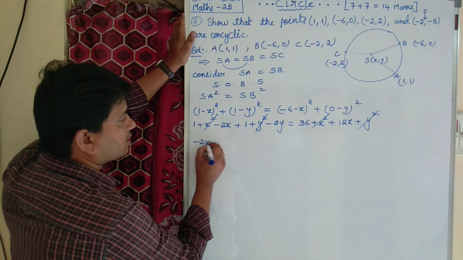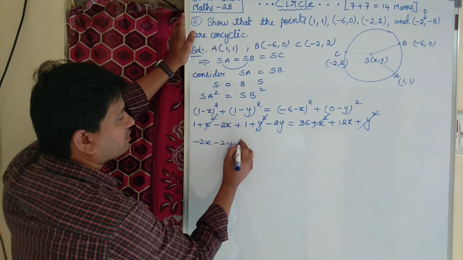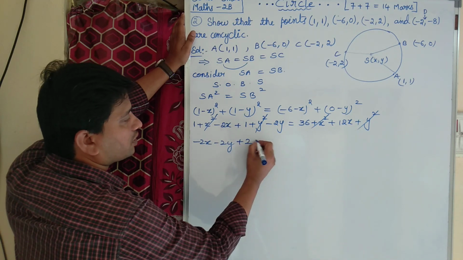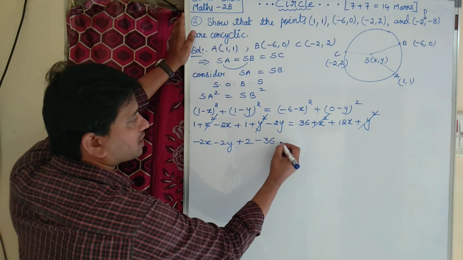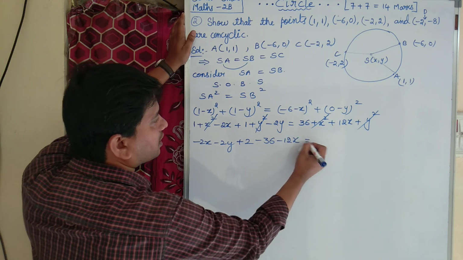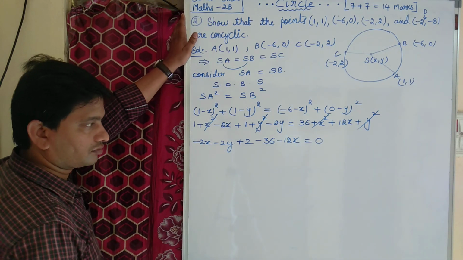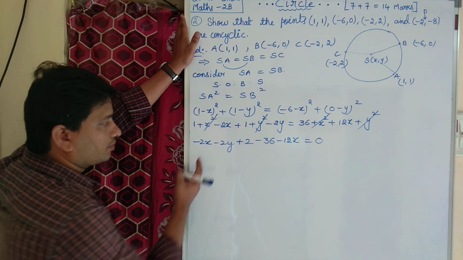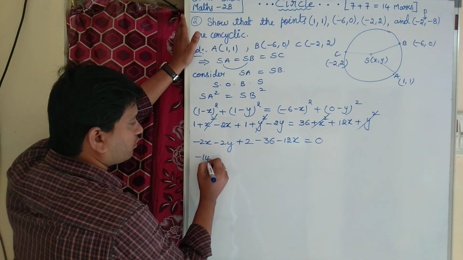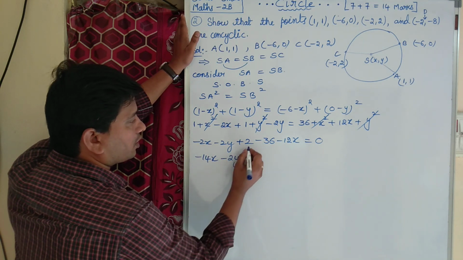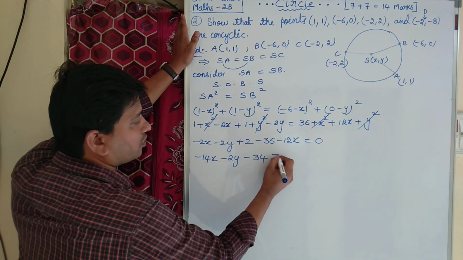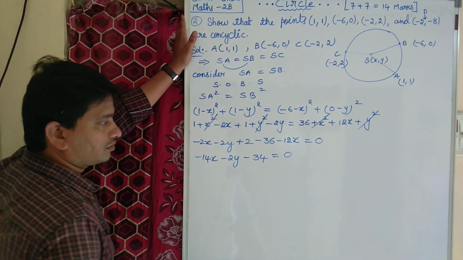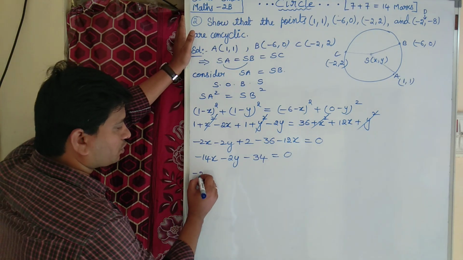So minus 2x minus 2y, 1 plus 1 is 2, plus 36. You transpose: minus 36 plus 12x, you transpose minus 12x equal to 0. So minus 2x minus 12x is minus 14x, minus 2y, 2 minus 36 is minus 34, equal to 0. They are multiples of 2, so let us take minus 2 common.